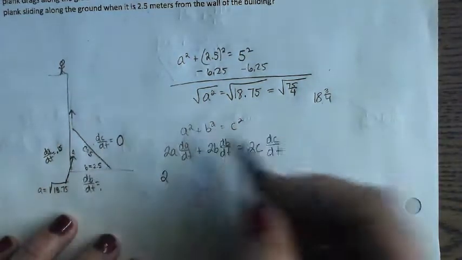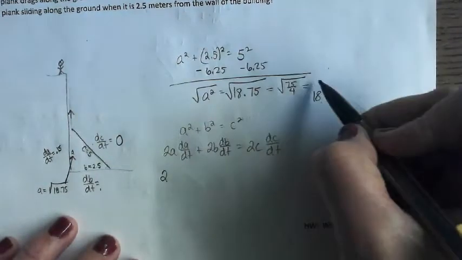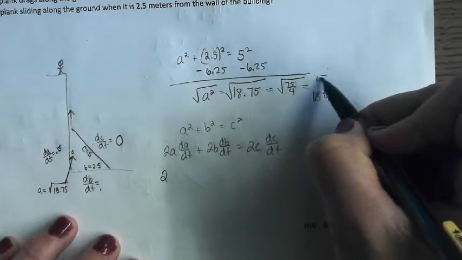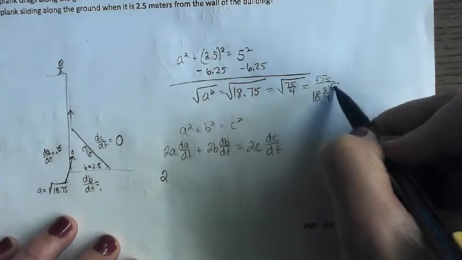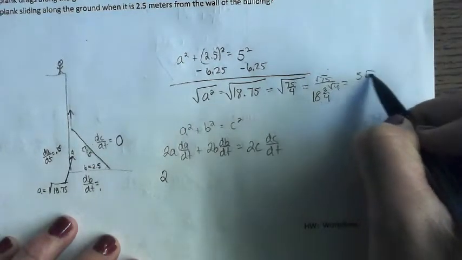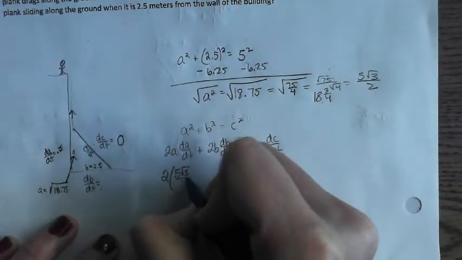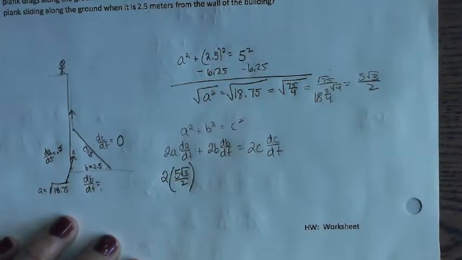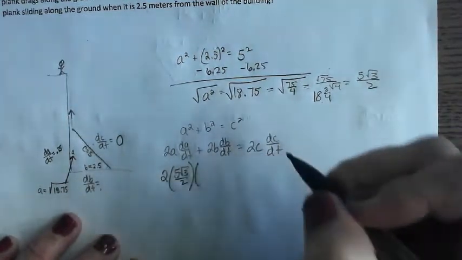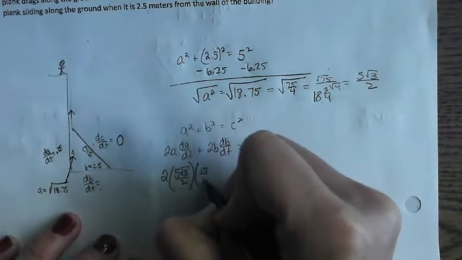So for A, the square root of 75 fourths, by the way, is the square root of 75 over the square root of 4, which is 5 root 3 over 2. dA/dt is 0.15. I'm going with 15 100ths.